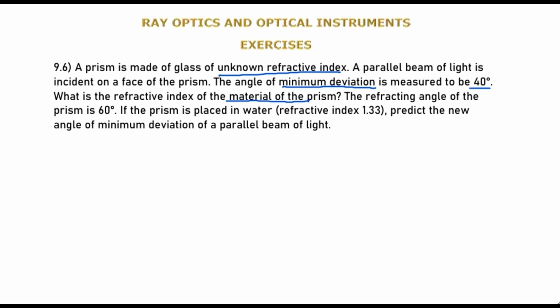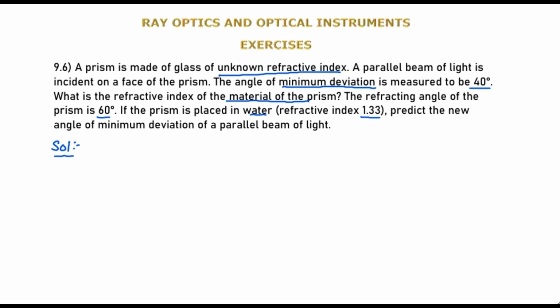The refracting angle of the prism is 60 degrees. If the prism is placed in water of refractive index 1.33, predict the new angle of minimum deviation of a parallel beam of light. Here there are two subcases. One is we need to find out the refractive index of the prism when it is placed in air.